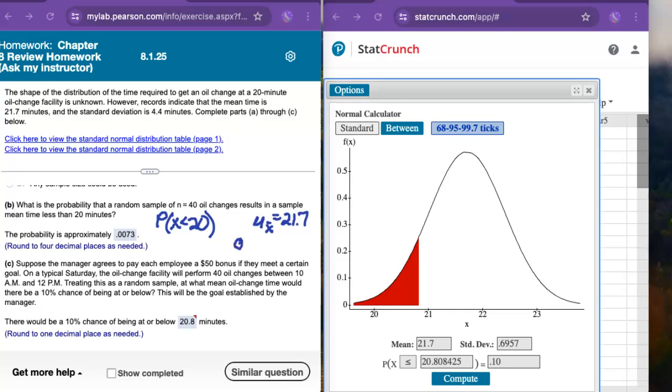So our formula for standard deviation of the sampling distribution is to take the standard deviation of the population, 4.4, and divide it by the square root of the sample size. And in this case, that was 40. And when we do that arithmetic, we find that this answer is going to be 0.6957.